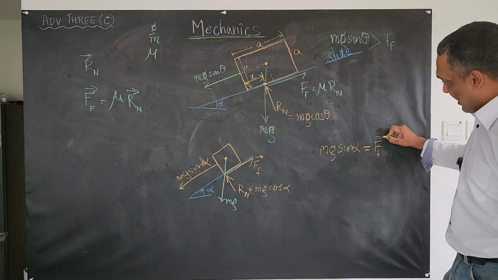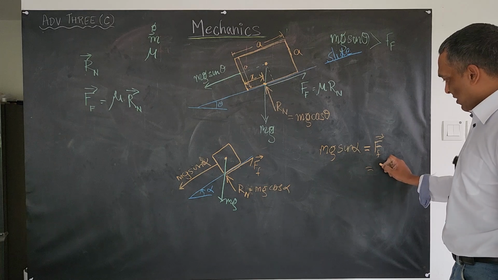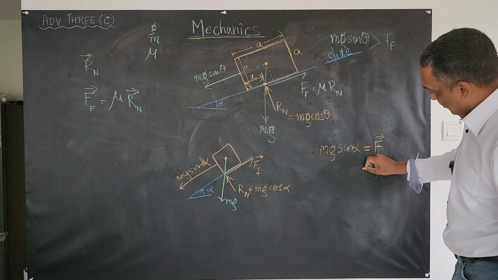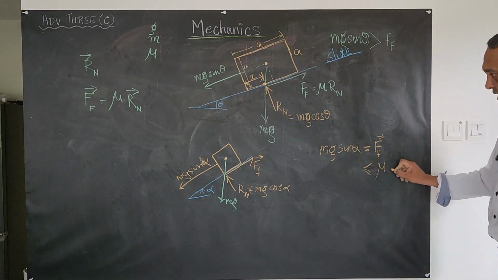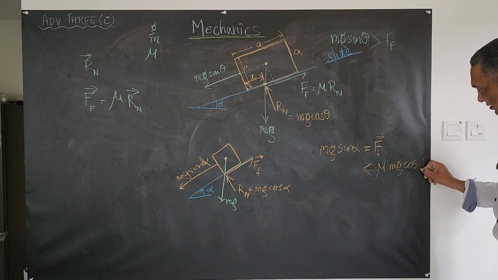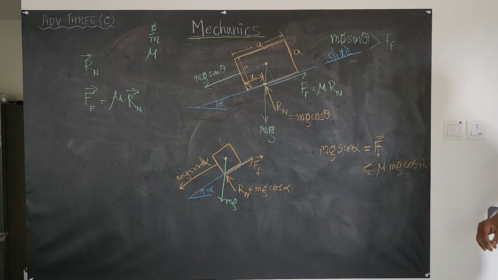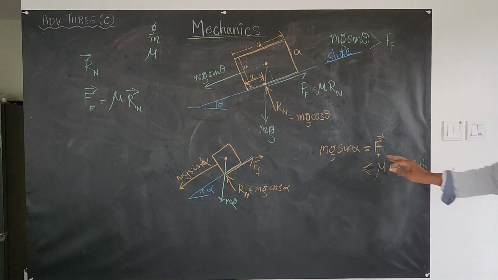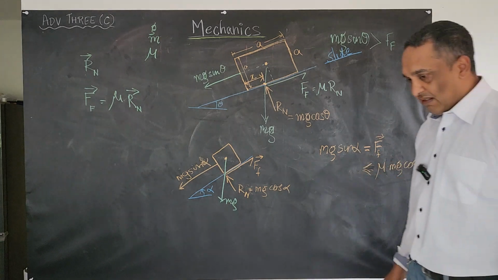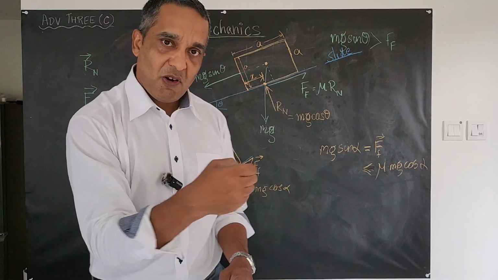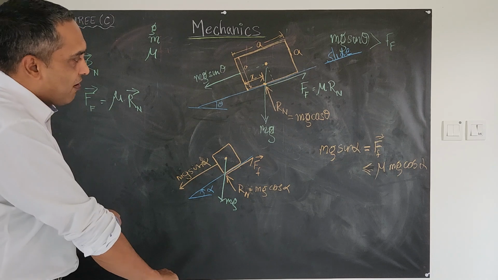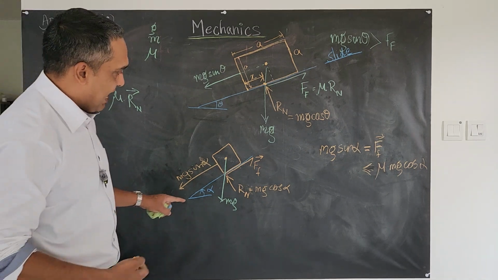So there is no sliding, which is equal to saying we're equal to or less than. So it's actually less than or equal to mu times mg cosine alpha. You make the adjustments, you will see here mu is always greater than or equal to tangent of alpha. So whenever the coefficient of friction is greater than the tangent of alpha, you are not going to slide at that angle of alpha.